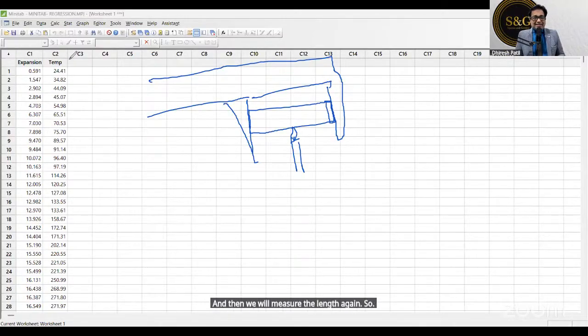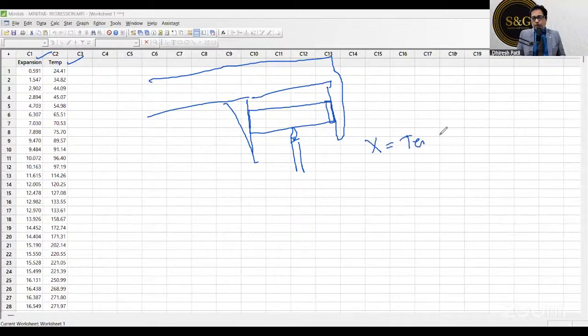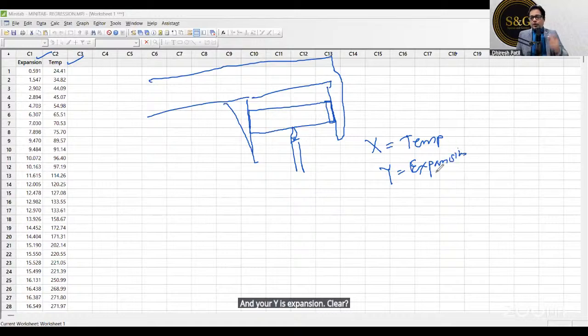So this is the temperature and the expansion. Here X is temperature and your Y is expansion. Clear? Everybody's clear with this? Just give me yes in the chat box.